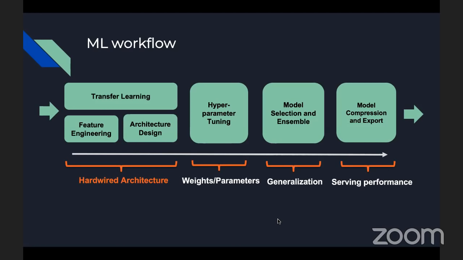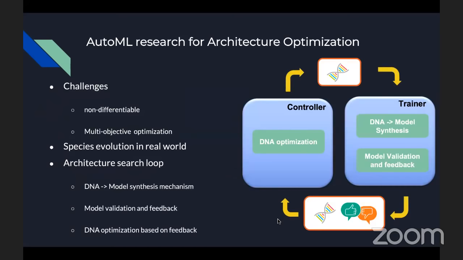For example, after we have optimized the weights and parameters, we will do model selection and ensemble to have better generalization of the model, and we will do model compression and export to make it serving friendly and improve the serving performance. But our team actually kicked off to solve the most core part of this workflow, which is how to design a better architecture by AutoML.